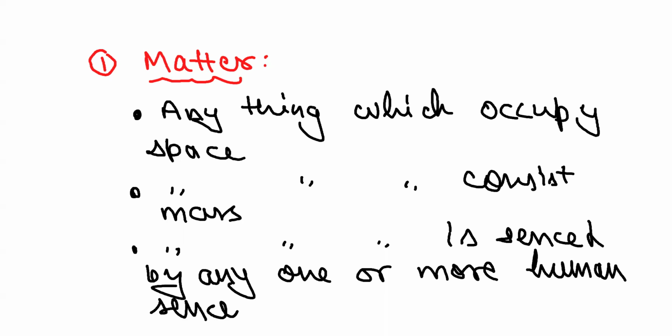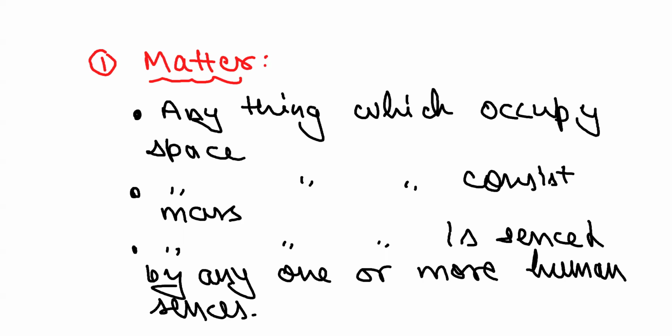So matter can be detected by these three methods. It can occupy space, it can consist of mass, or it can be sensed by any one or more human senses. How many human senses do we have, beta? Five human senses. So if you are sensing a good smell, smell is basically a matter.